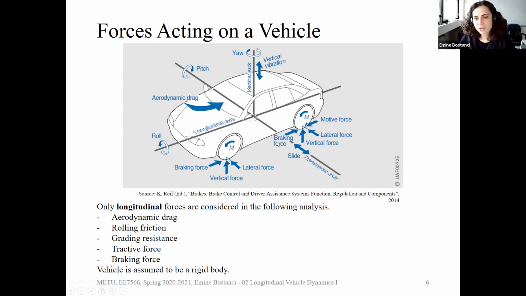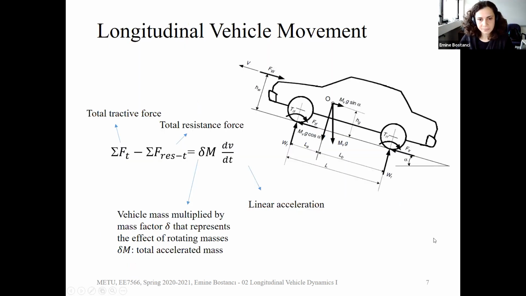And the braking force is going to oppose the motion. And braking could be done by the electric machine if we do the regenerative braking, or it can be done by the mechanical system as usual. So these are the forces that we are going to see in the longitudinal axis.